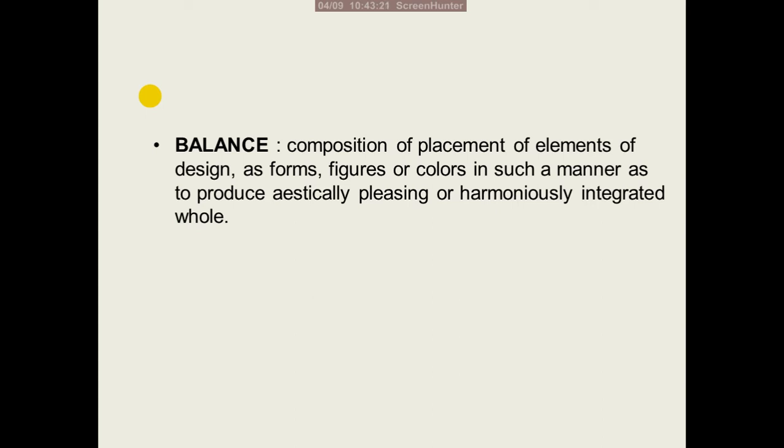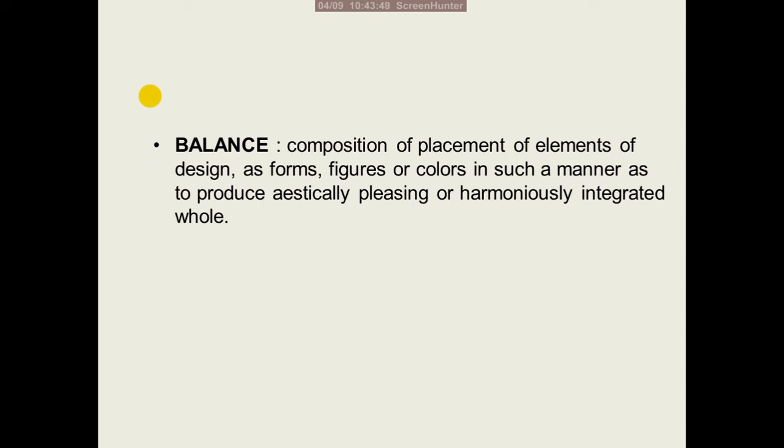Suppose weight balance. You can visit the market, where you are purchasing potatoes or onions, and the seller will maintain the balance according to your weight. Suppose you ask for 1 kilo of onions, then he'll keep the 1 kilo weight on one side and your onions on the other side, equally balanced, and give it to you.